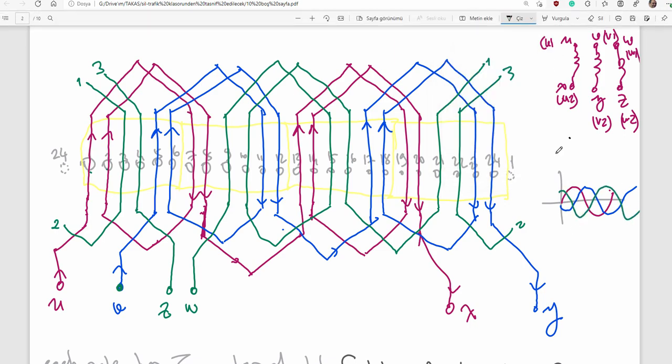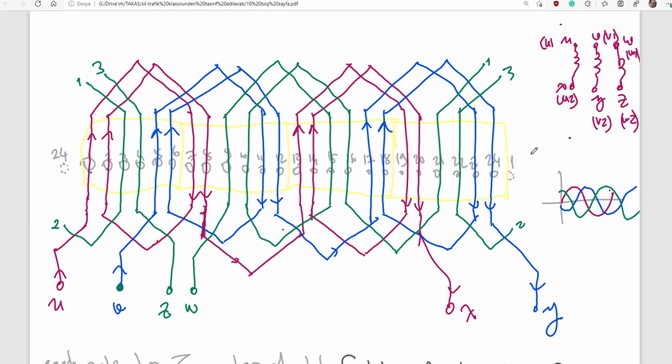You remember, in a symmetrical three-phase circuit, the summation of the currents is 0. So, if there are two entering currents here, let's say red and blue ones are positive, so the green one must be negative. Here is the outgoing current, gentlemen.